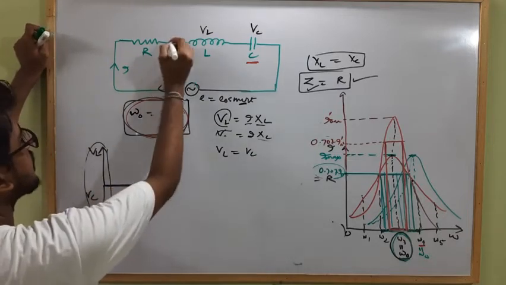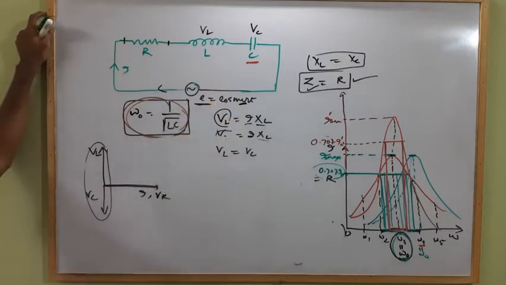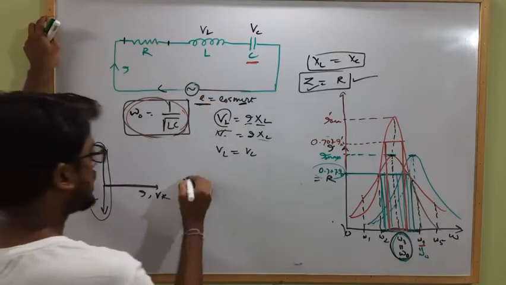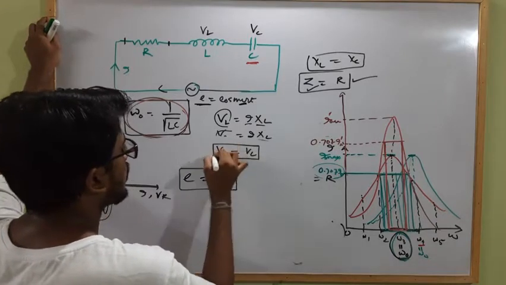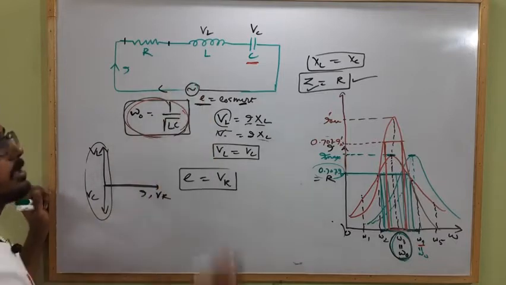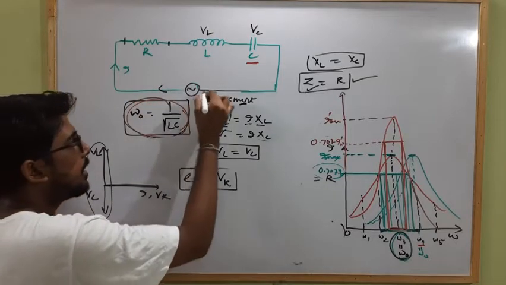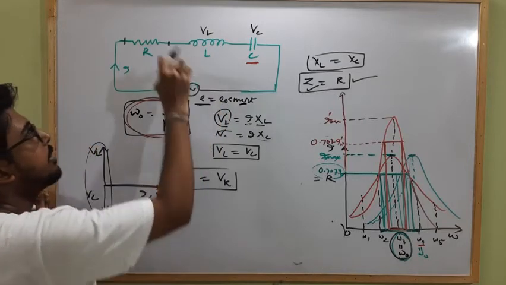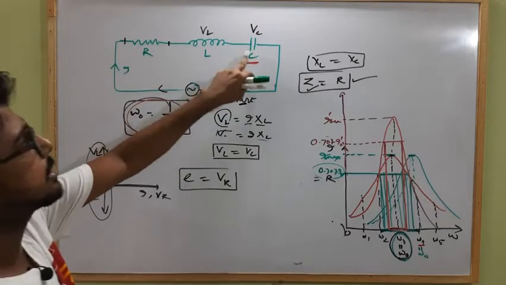So the potential difference across the resistor will become the input potential, so we will get E equal to VR when VL equals VC, or the circuit is resonating. In case of resonance, the total input alternating EMF will be equal to the potential difference across the resistor, because these two will cancel each other.